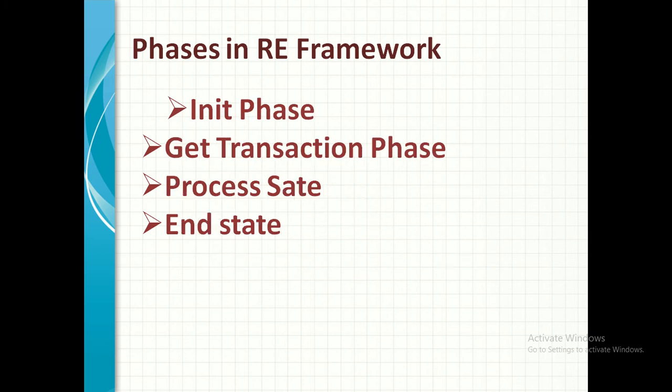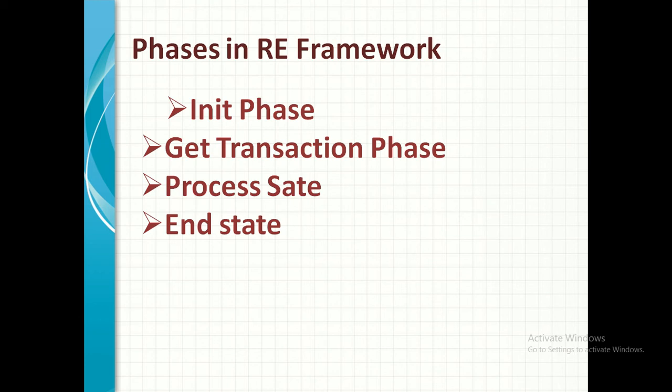Next, it's important to know what the phases in RE framework are. Basically there are four main phases. First is the init phase or initialization phase. Next is the get transaction phase or state. Phase and state are the same, it depends on how you understand it, right? Next is the process state, and next is the end state.